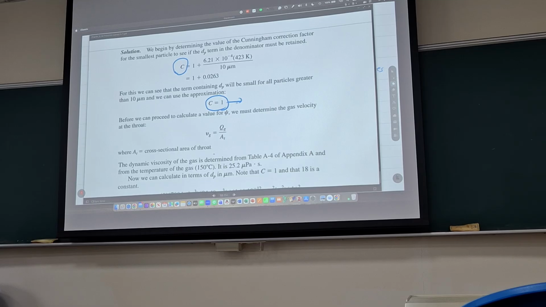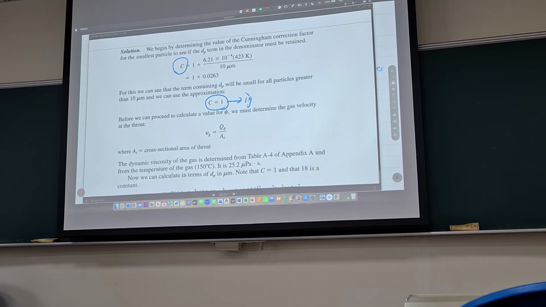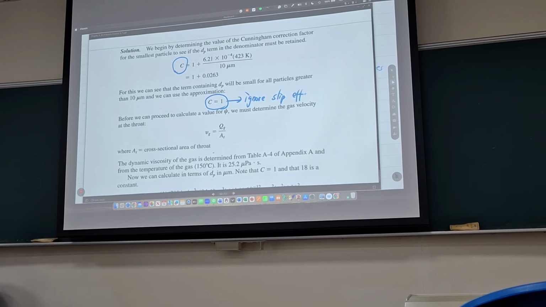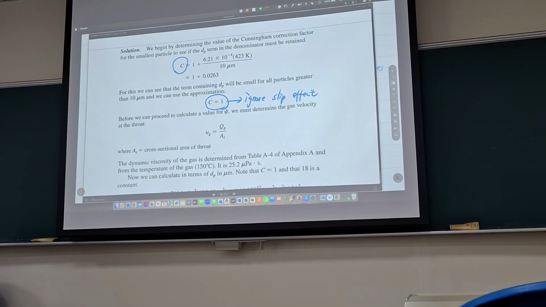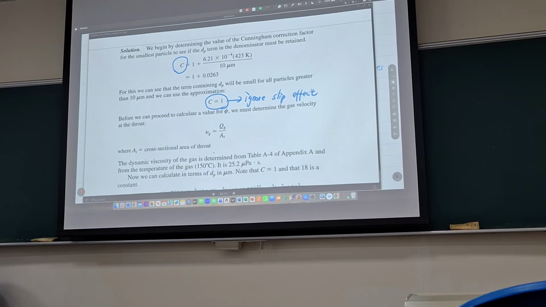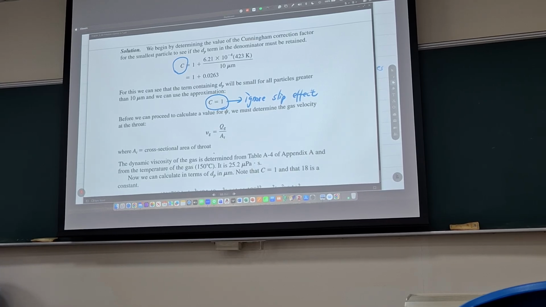That means we can ignore the slip effect. You don't need to care about the slip effect in this case. That means this question will be simpler.